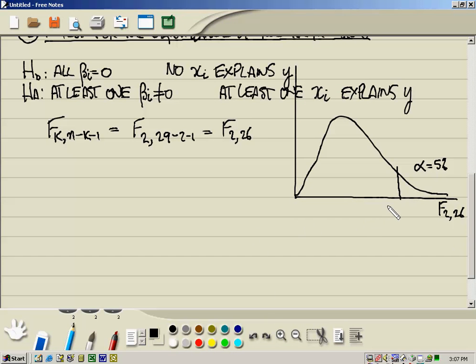Okay, so critical value 3.37. Any F-calc below that and the regression is insignificant. Anything above that and the regression is significant. Okay, and let's write that down.